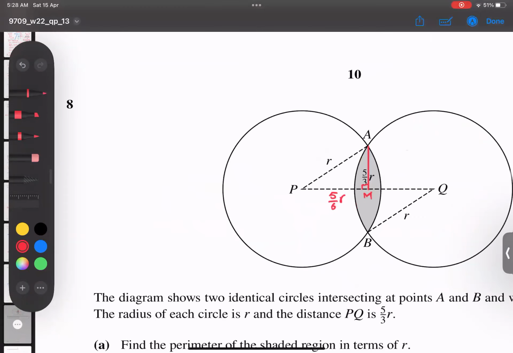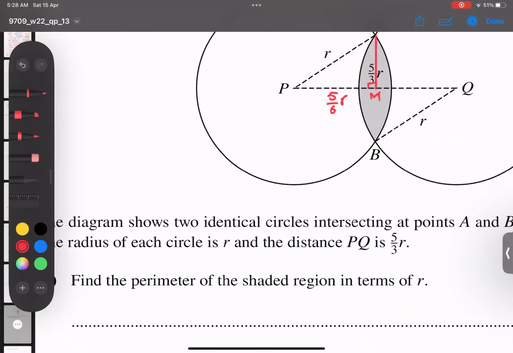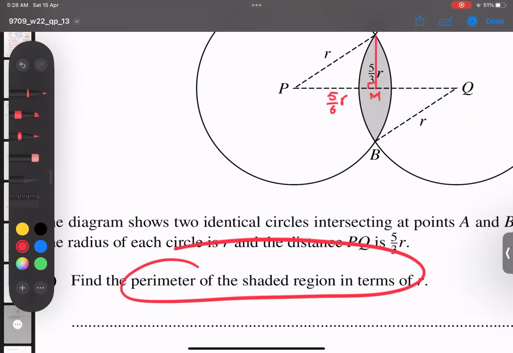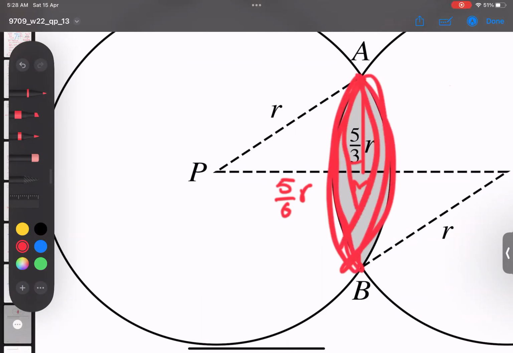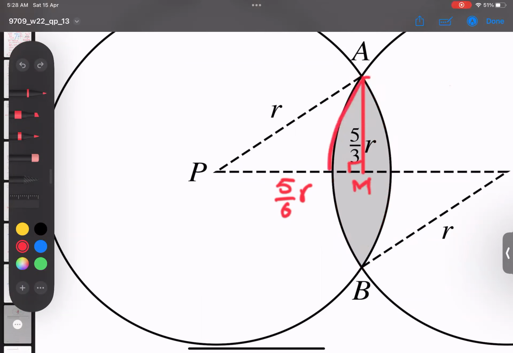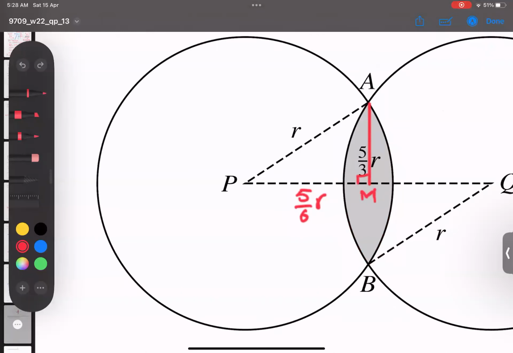Okay, students, but what is the method to find the perimeter of the shaded part in terms of R? Perimeter means this plus this, the two outer boundaries added. If I find one arc length, then times 2, I get the answer. Look here, I show you in blue color, this line and this line.